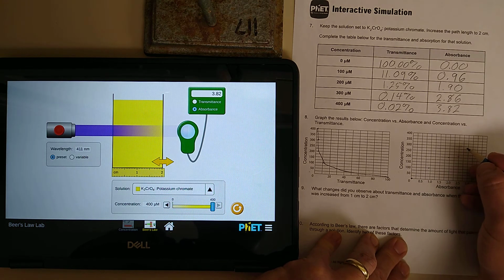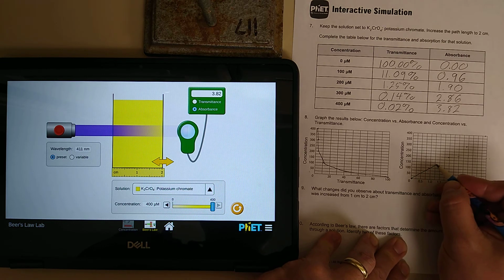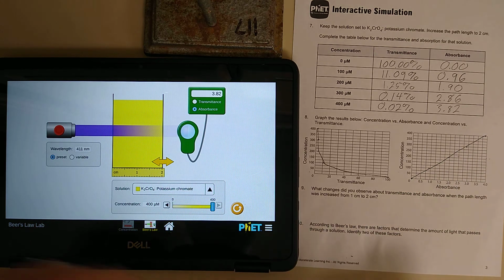At 300, we have 2.8. And at 400, we have 3.82. Okay.